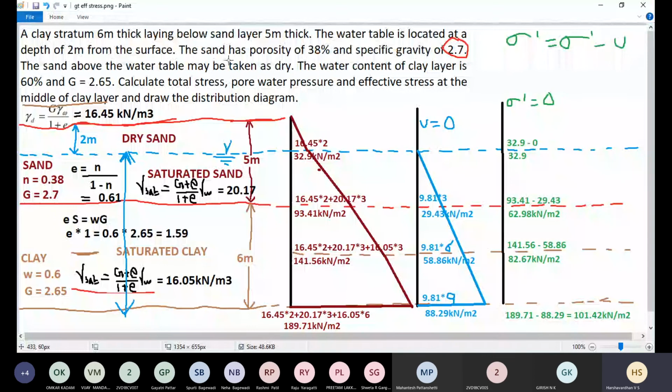Now we can draw the distribution. 32.9, here it is 62.98, 82.67, finally 101.42.